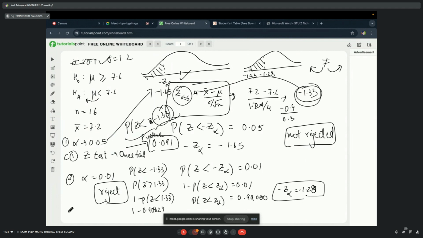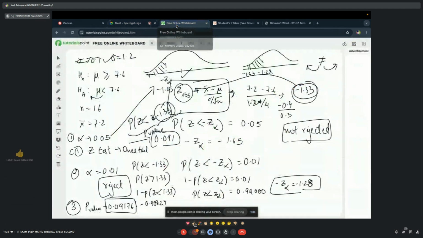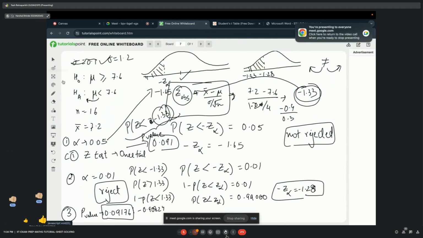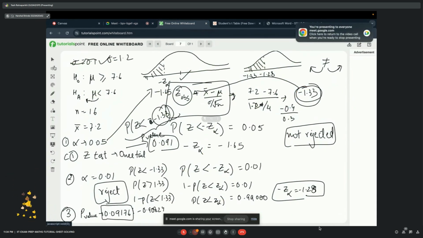So your p-value answer is 0.091. Is it clear to all of you? Friends, Radhika ma'am, Likhit, Harshal, Atiksha ma'am, all the others? Yes, perfect. Shall we go on to the next question?